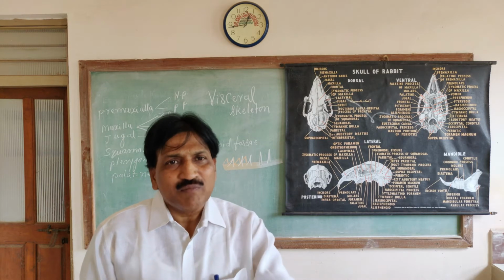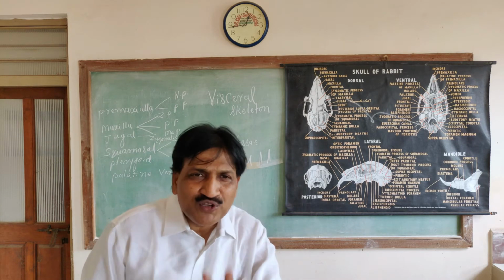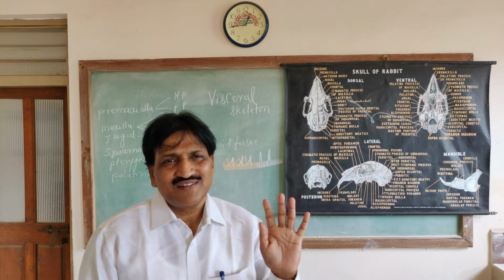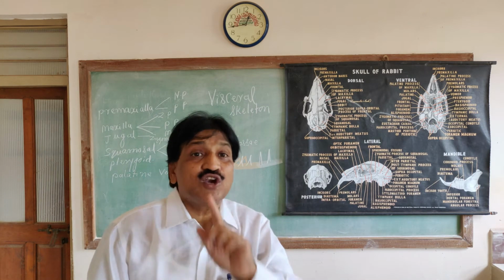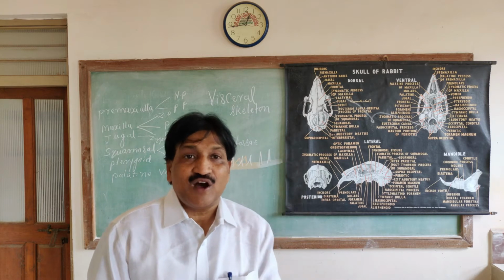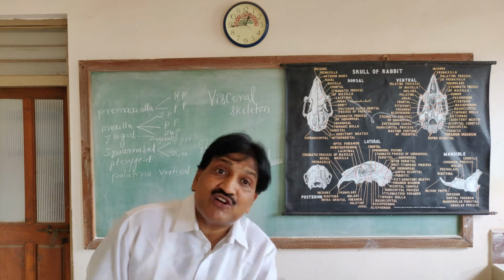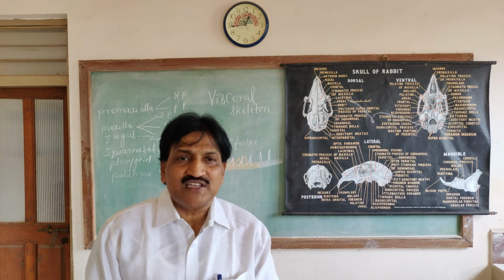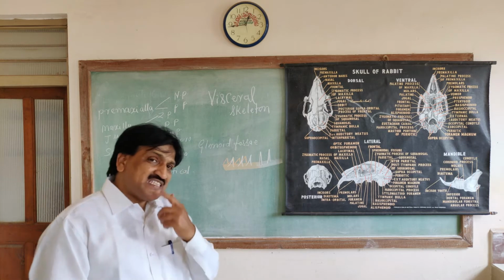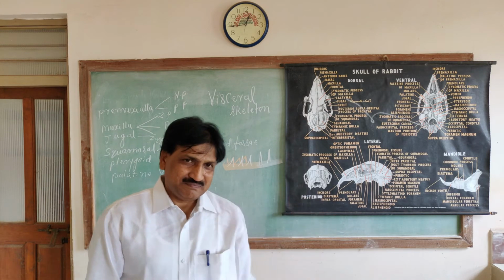It is spongy in nature. One process is meant for formation of the zygomatic arch, called the zygomatic process of the maxilla. The second is the palatine process of the maxilla, and the third is the maxillary process.